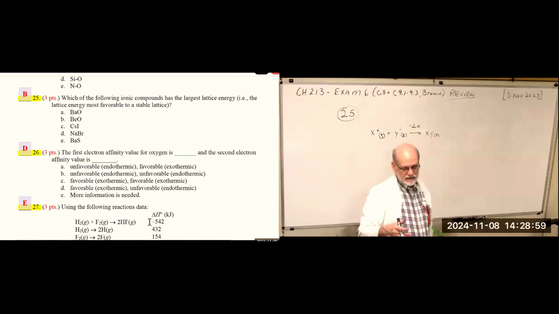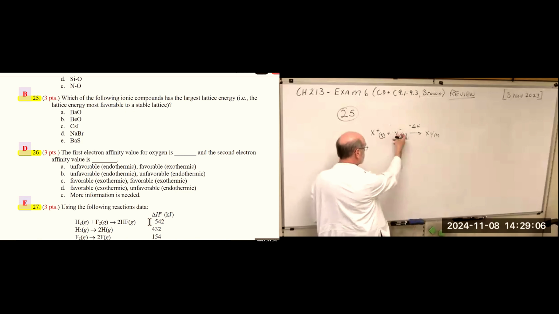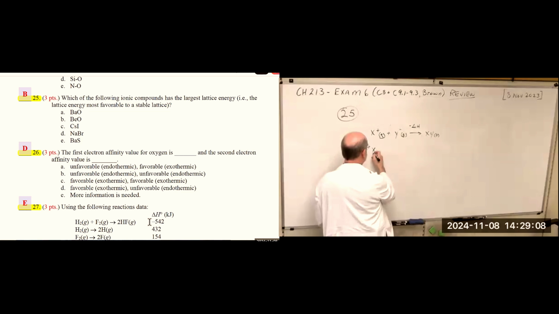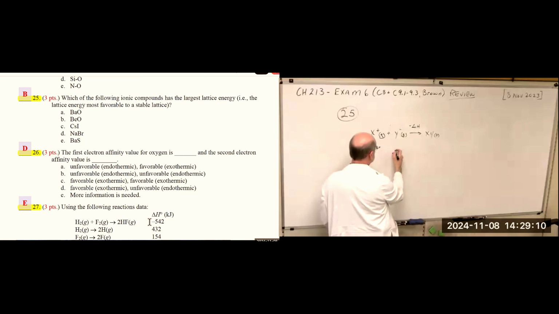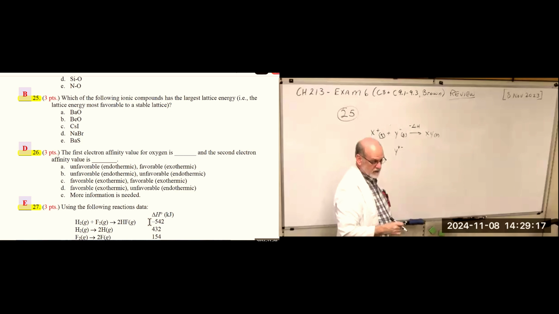So two things affect the lattice energy. One is the size of the charge difference. Like if it's just single charges, or if it's double charge right here, that would be a greater attraction, give up more energy.